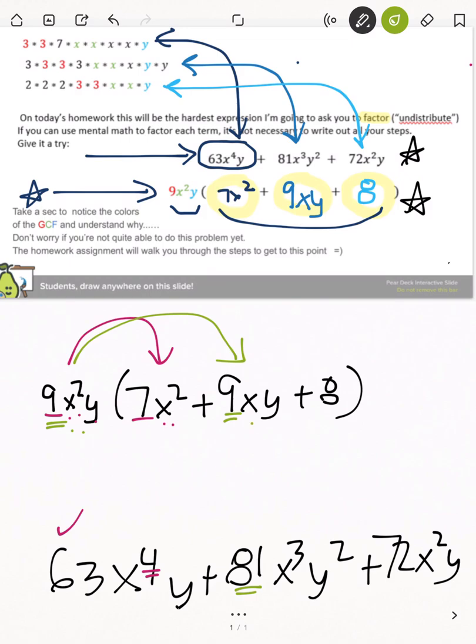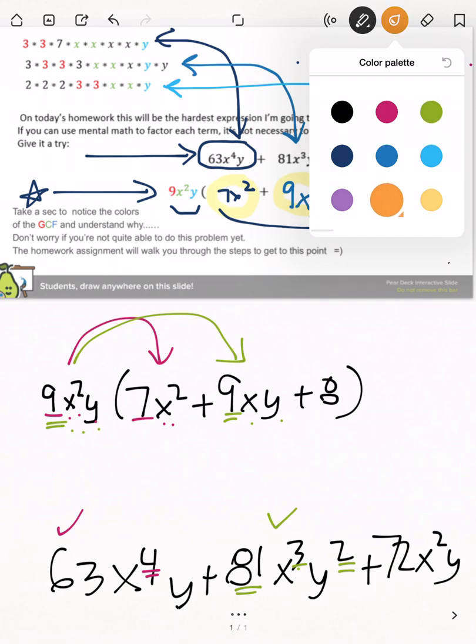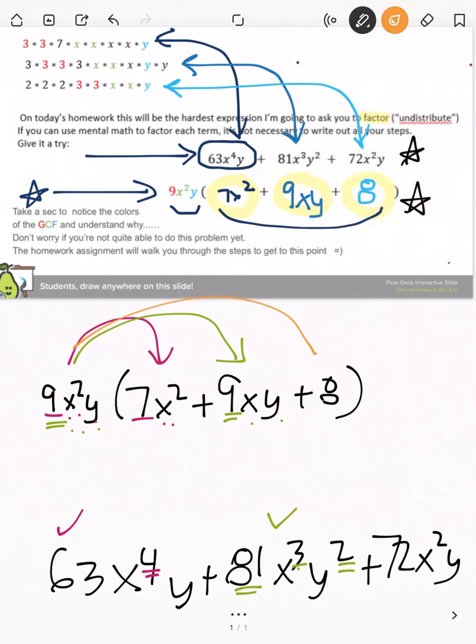X squared times x is definitely x cubed. Y times y is definitely y squared. This term checks out. And when I look at that last term, 9 times 8, 72. X squared y, it checks out. That's how to factor out a GCF.